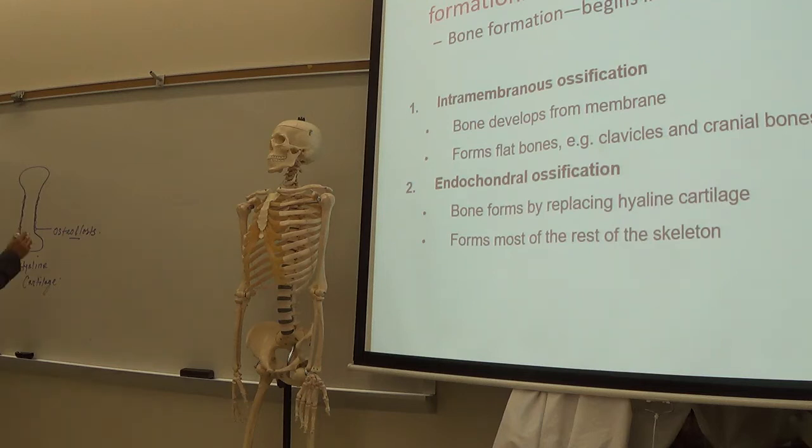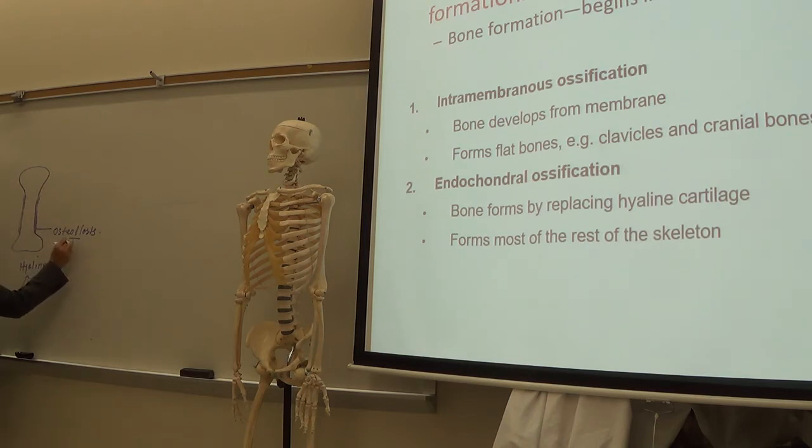So these osteoblasts will produce and secrete matrix around the shaft of the cartilage, and this will become hard matrix of bone around the shaft of the cartilage, and this is called bony collar.